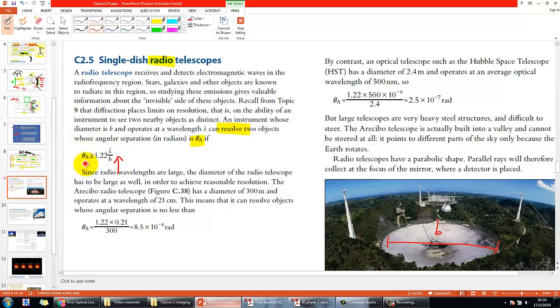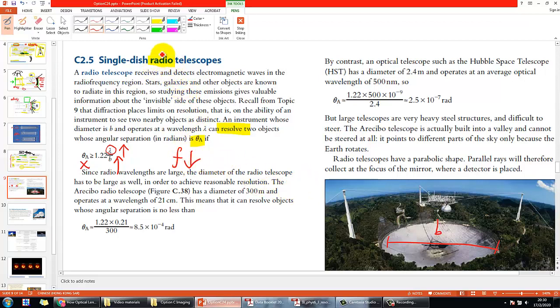Alright, or you can imagine if you keep the angle the same, because you know the angle maybe depends on your ability to distinguish, then the wavelength that you can detect would also be increased in that case. So that means that you can observe a lower frequency.